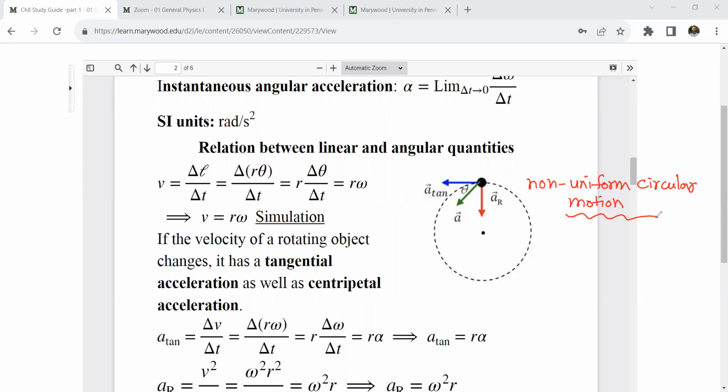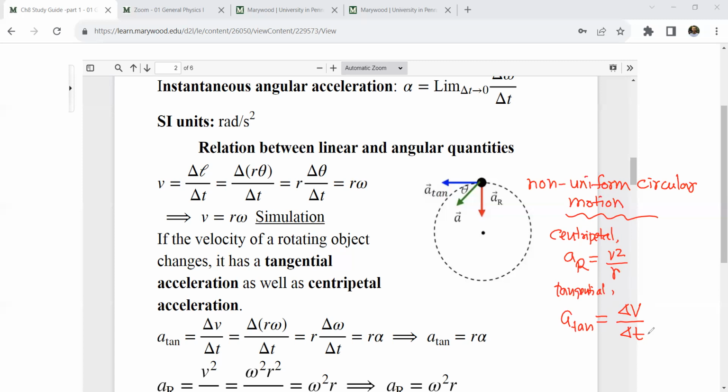In a non-uniform circular motion we have two types of acceleration. One is centripetal acceleration, a_r, which was equal to v square over r, and another is tangential acceleration, a_tan, which was equal to delta v over delta t.